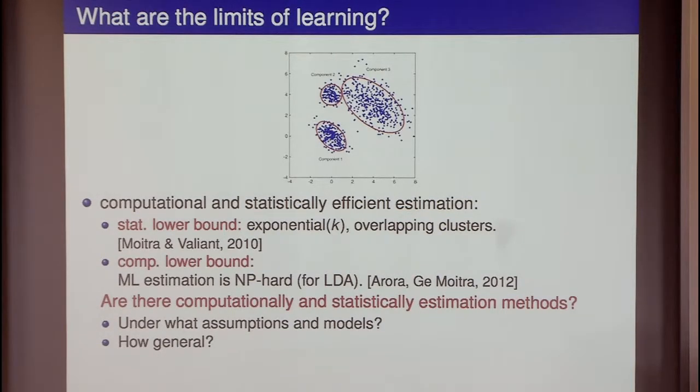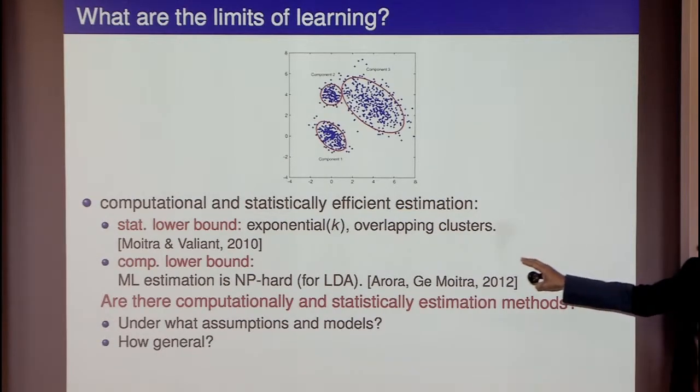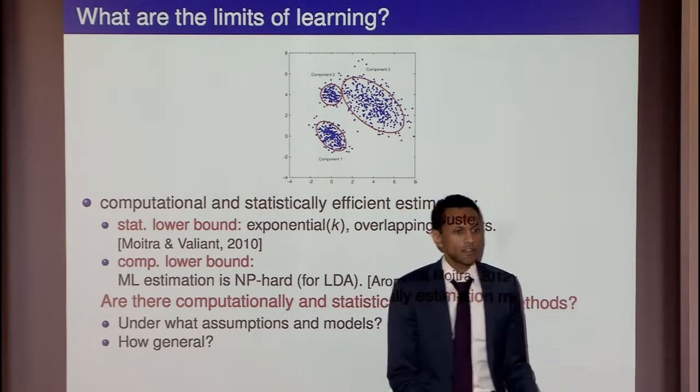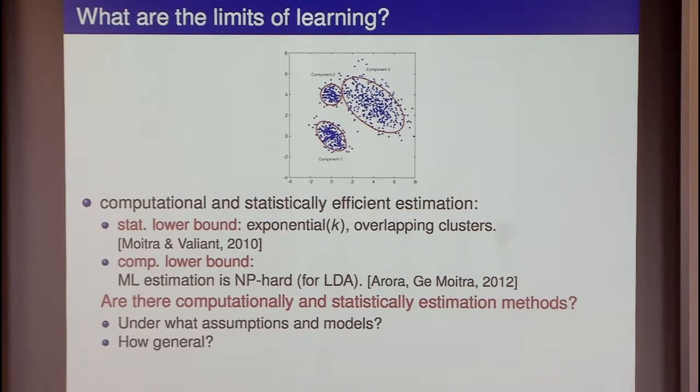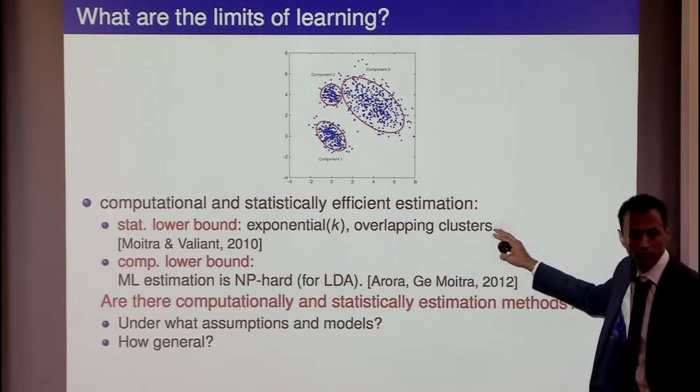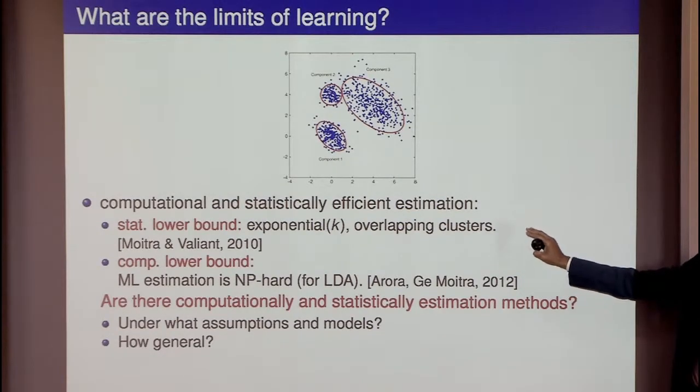And for these Gaussian mixtures, there's a very nice paper by Ankur and Greg really showing that for reasonably well-separated Gaussians in 1D, you're going to need exponential number of samples in K, where K is the number of Gaussians. And it's an information theoretic lower bound. So at some level, we can't really expect to learn these things all the time, even when they're reasonably well separated.